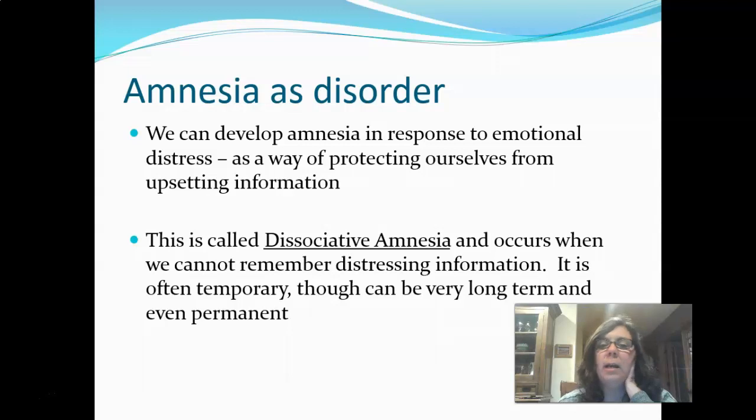There is a kind of amnesia called dissociative amnesia, which is essentially about pushing things into the unconscious, deliberately screening out information as a way of protecting yourself. Typically, this is very temporary. It can be long term, but typically it is minutes long, maybe hours long, but rarely longer than that.